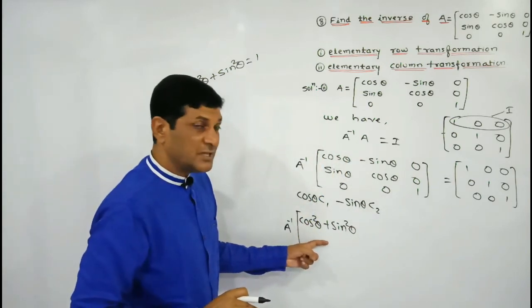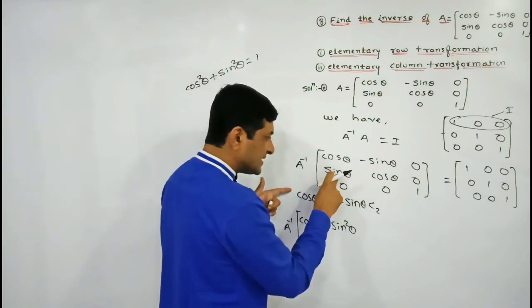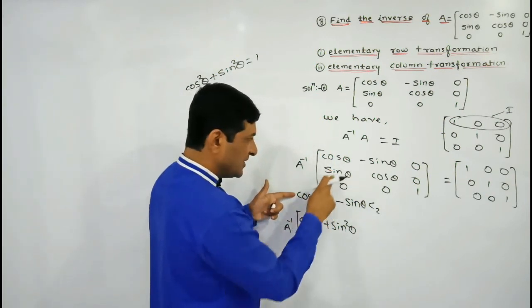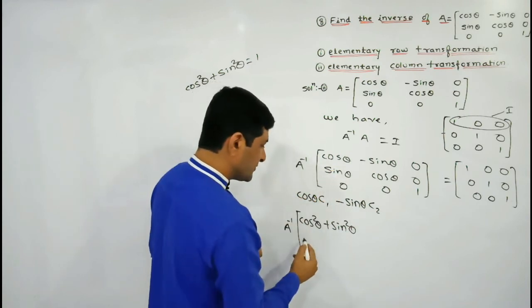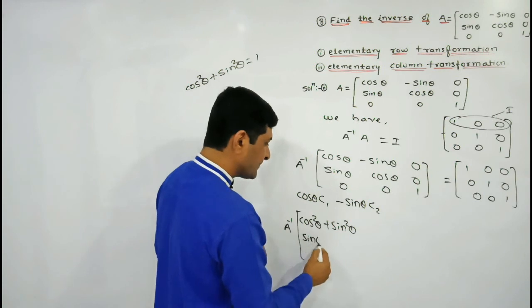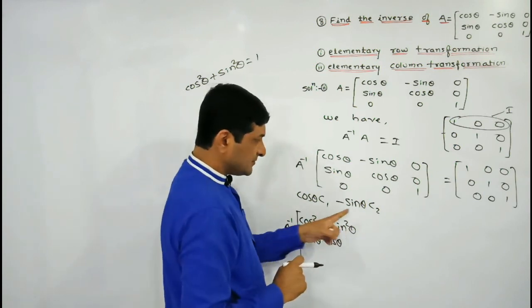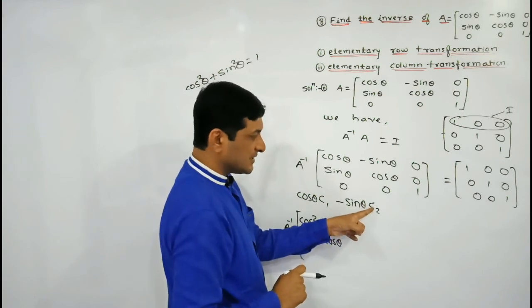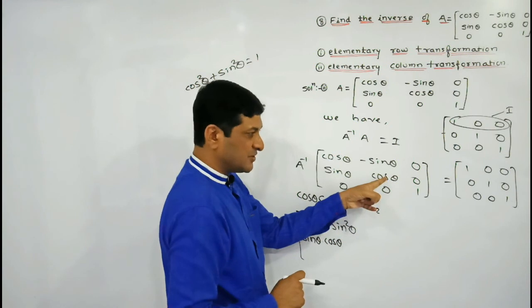But observe here what we are getting. Observe it very carefully. We are replacing C1 by sin. So if I am substituting C1 is equal to sin, sin into cos will become sin theta into cos theta. Again, here I am replacing C2 by its value. This is C2, and here the corresponding element in C2 is cos.